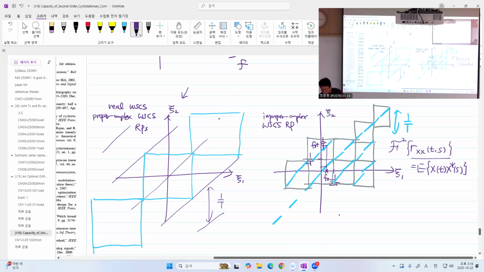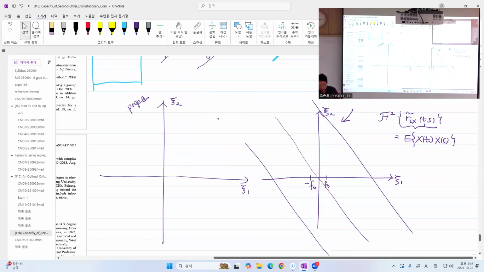So the frequency component at F0 has possible correlation at F0 plus L over T. And this one says the frequency component at F0 has spectral correlation at negative F0 plus L over T. Got it?